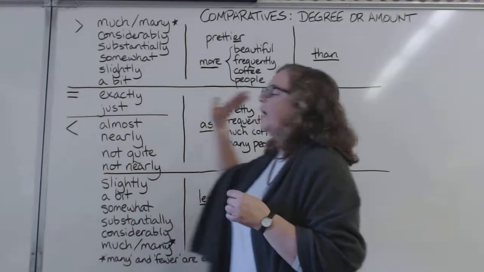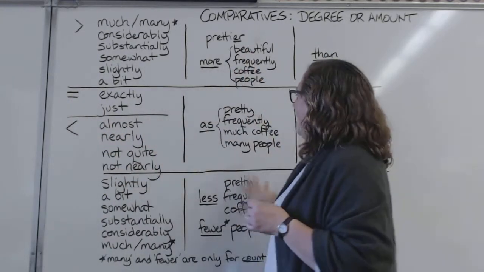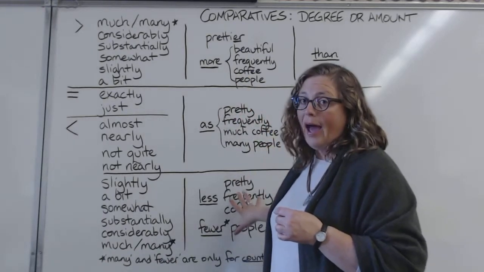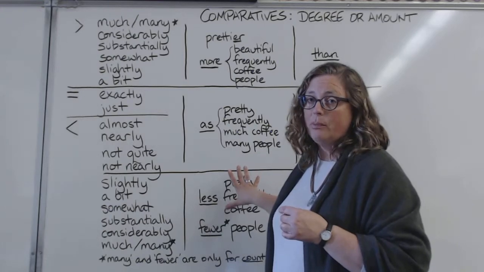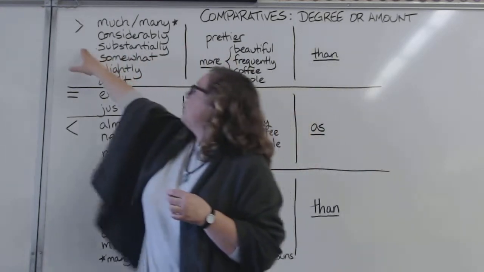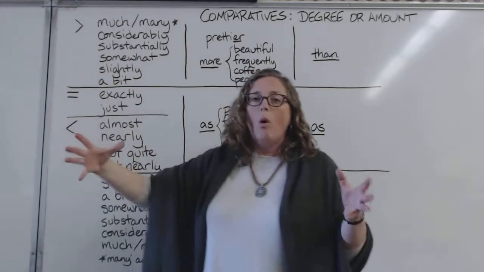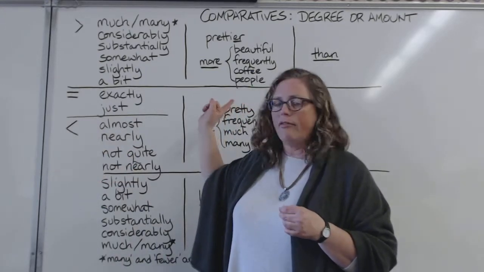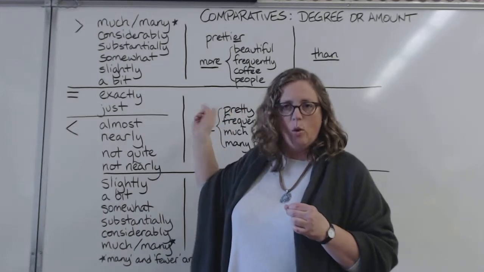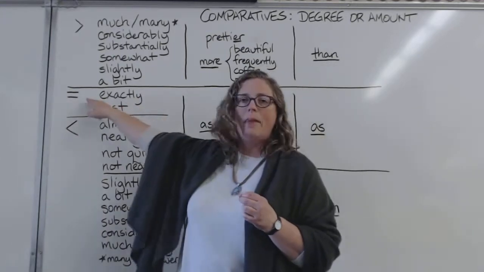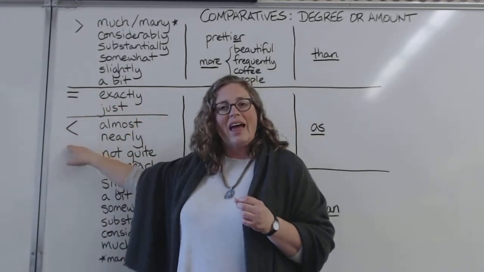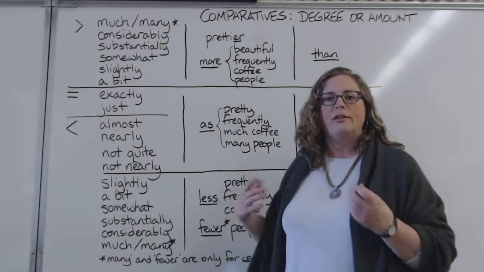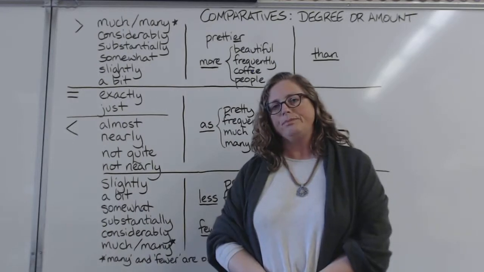These mean that whatever adjective or adverb or noun we have here that we are comparing, this focuses on more of that adjective, of that noun, of that quality. This is the same amount, and this is less of that adjective or adverb or noun.